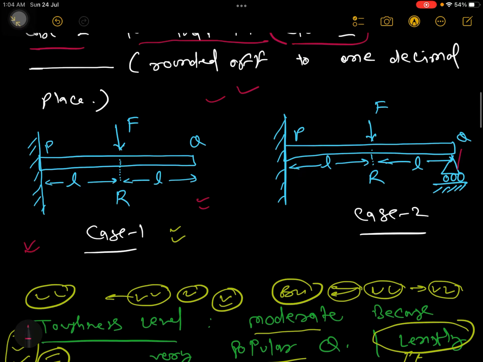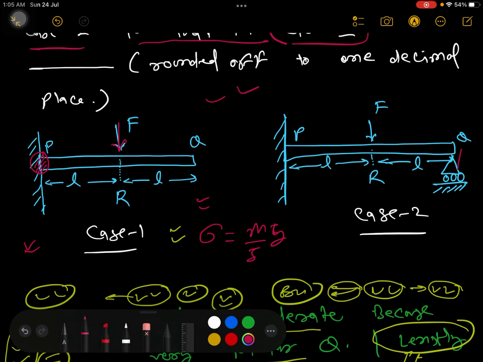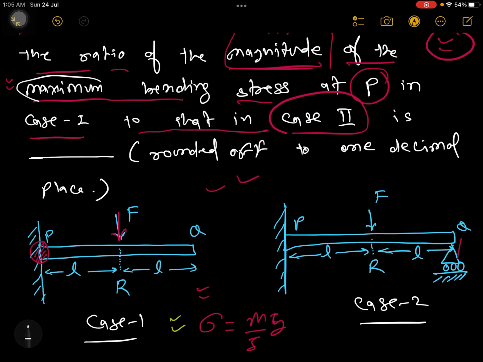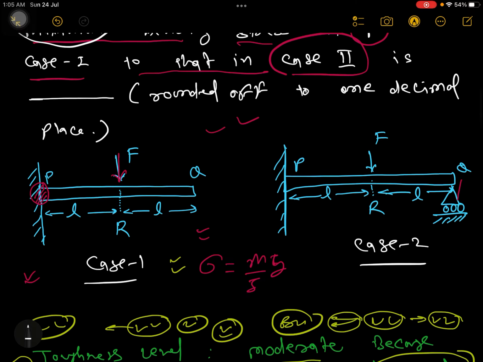So see guys, this is the question given. You have a cantilever beam. Because of that, at the P end you will have some stress because of bending. So the stress formula is sigma equals M by I into y. Understand, when they talk about maximum, if you look at the cross section from this side, the cross section is actually rectangular.